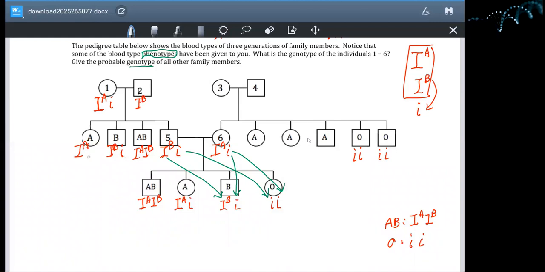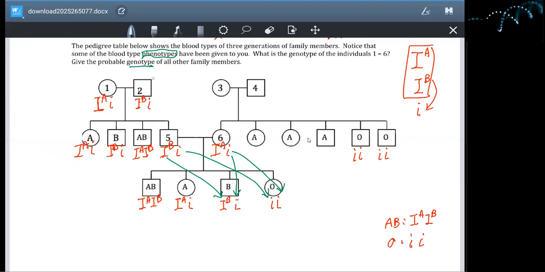What about this individual? He got a big IA from mom. And what does he get from dad? Well, he can't get the big IB. So it has to be little i.